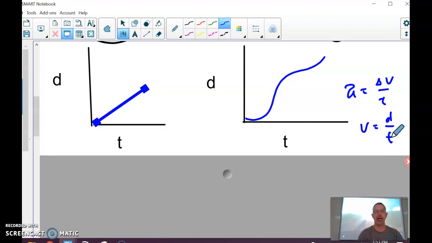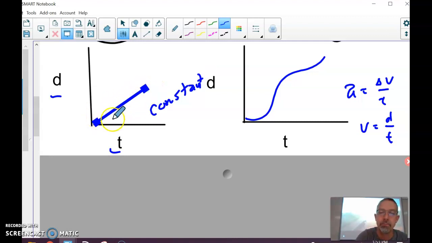So if I have this situation right here, a displacement versus time graph, this would imply constant velocity. The fact that that slope is constant means that I've got a constant velocity, and so that means that there's going to be no acceleration in this graph.